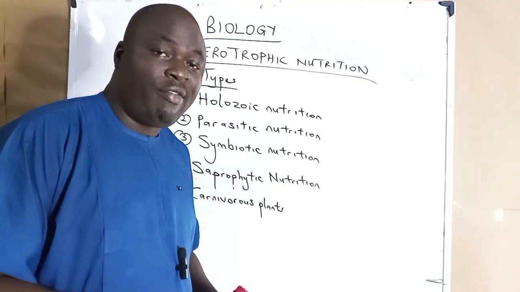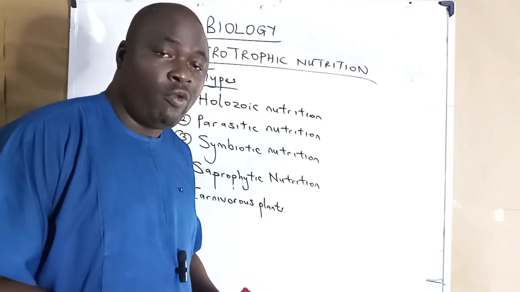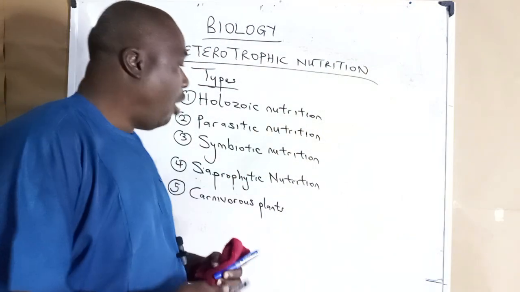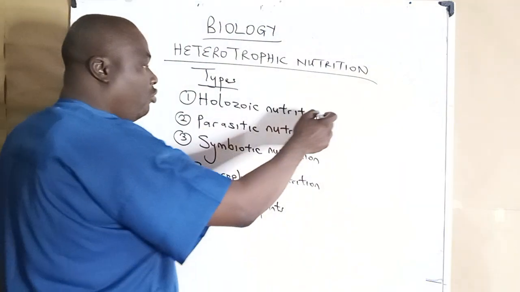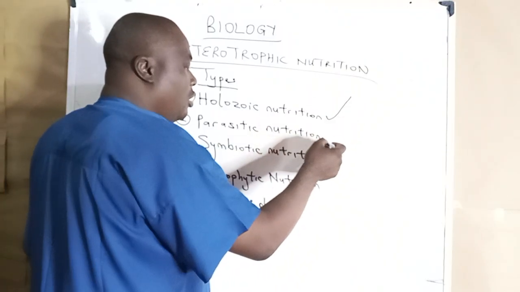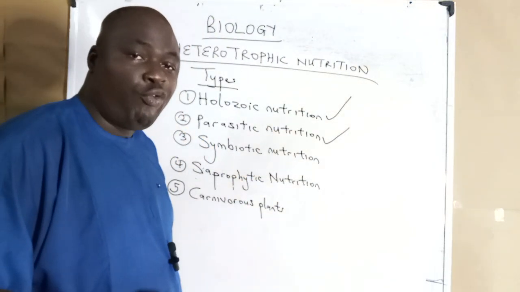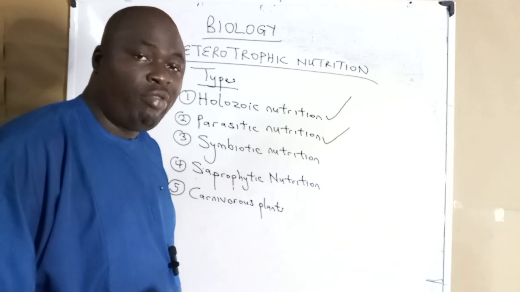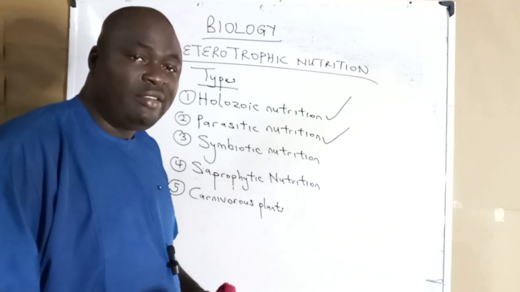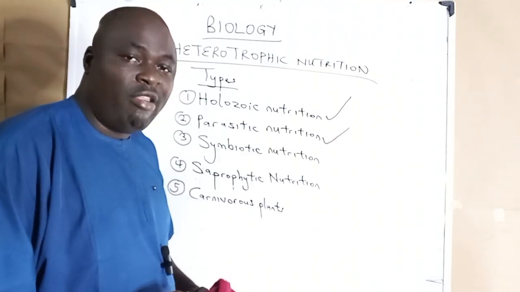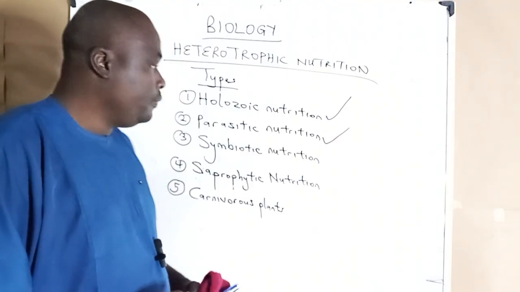Autotrophic occurs in plants whereby they manufacture their food by themselves, while heterotrophic occurs in animals. And we discussed the first two, holozoic nutrition and parasitic nutrition. I said holozoic occurs when animals take in food, digest, absorb, assimilate, and excrete it.